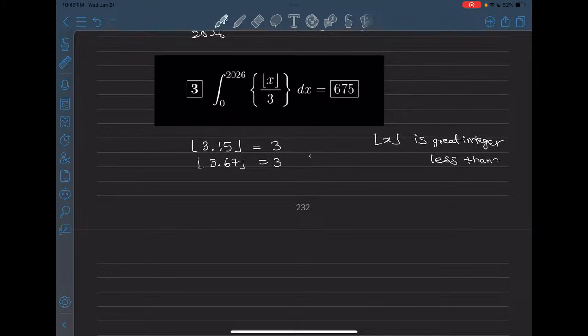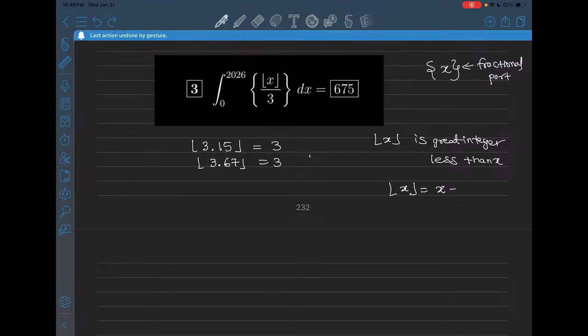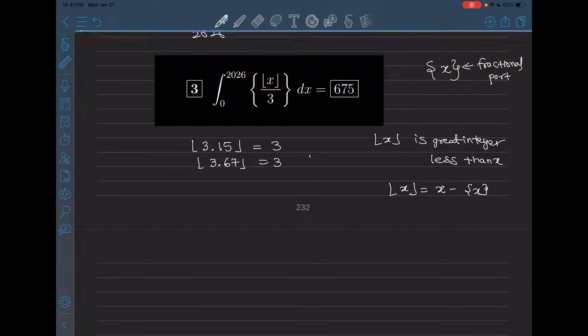Okay, so that could also be a fractional part function. Sorry, fractional part function is written like this. So this is the fractional part of x. Yeah, the curly. So we can also write the greatest integer as x minus the fractional part. We can also write it like this.